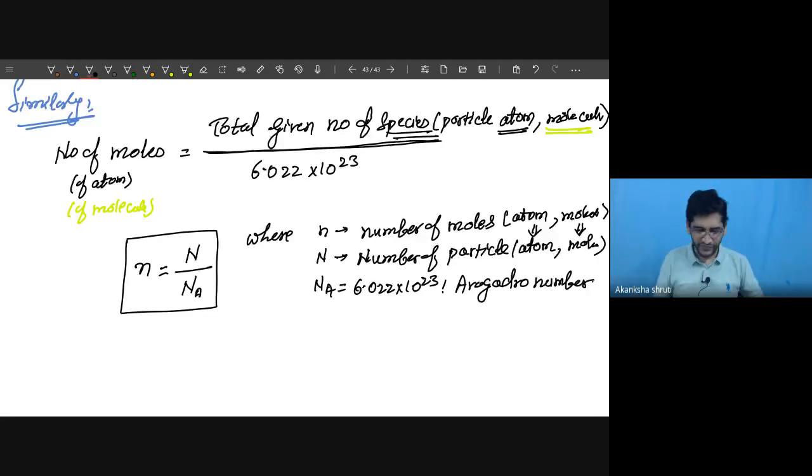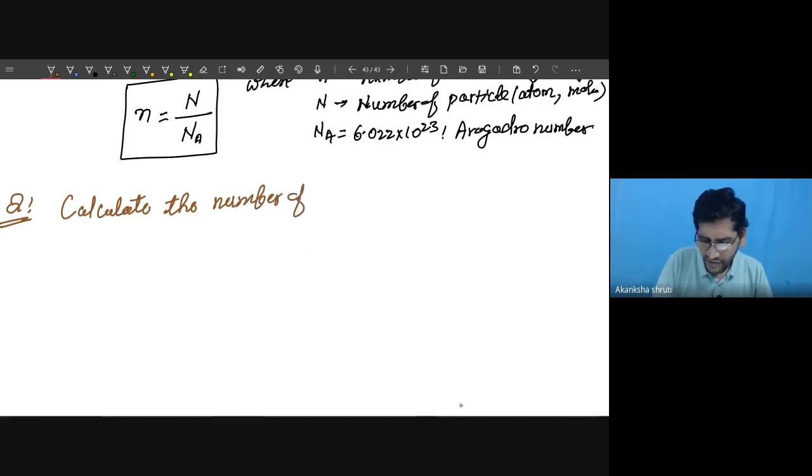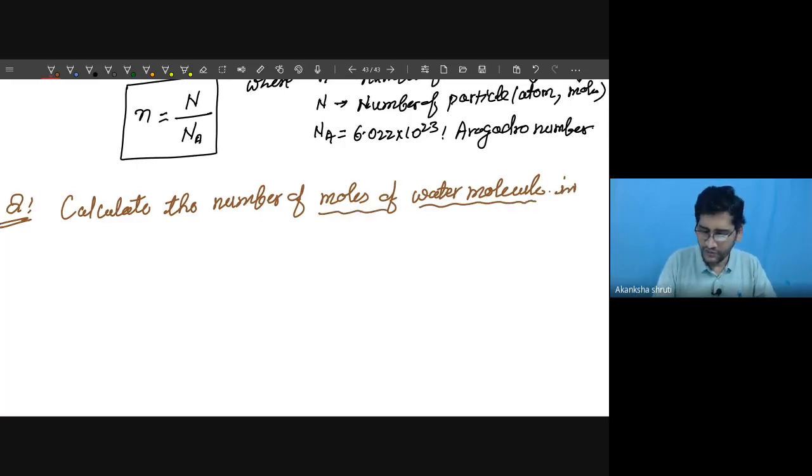Okay students, write down a question very quickly. Calculate the number of moles of water molecules in 3.011 into 10 to the power 26 molecules of water.